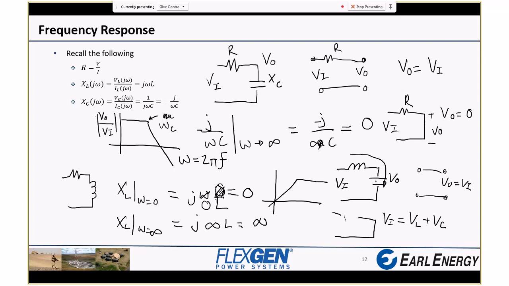Because they're in series with each other. So this comes out to the input voltage equals j omega L times I minus j over omega C times I.